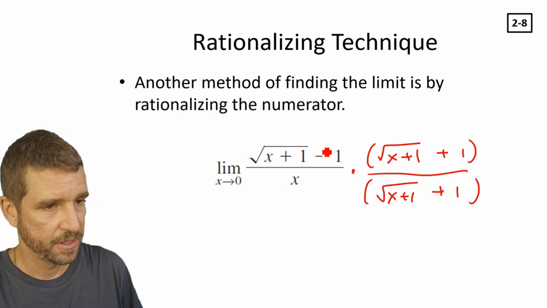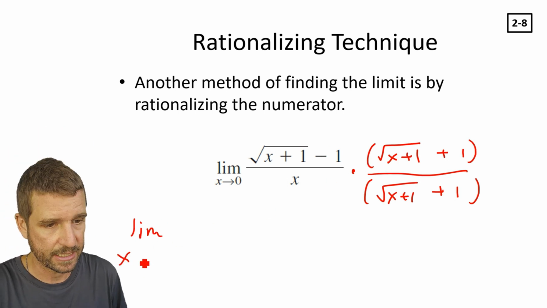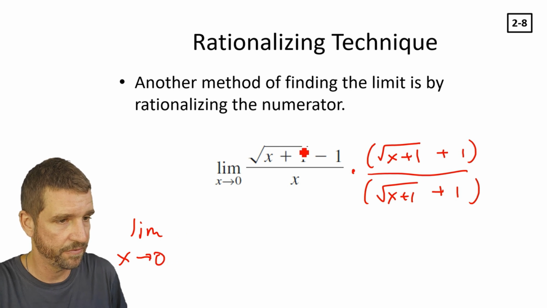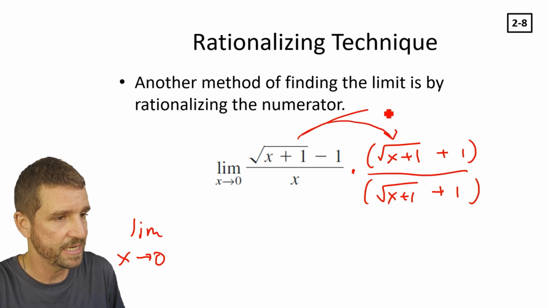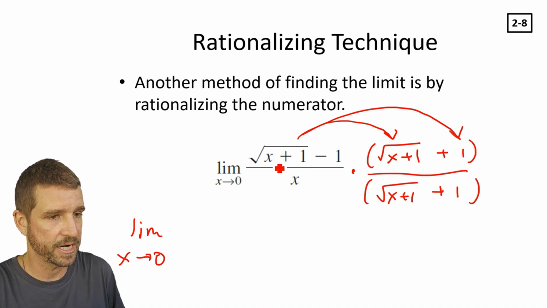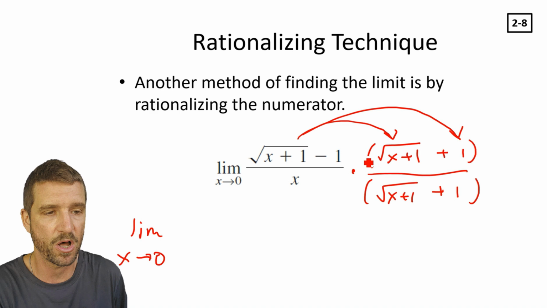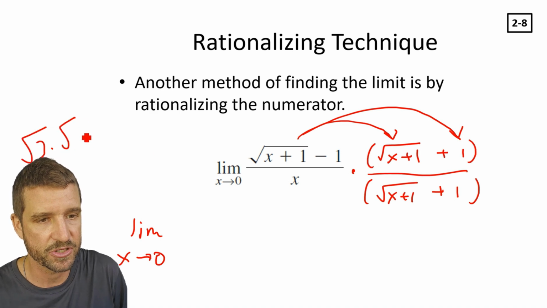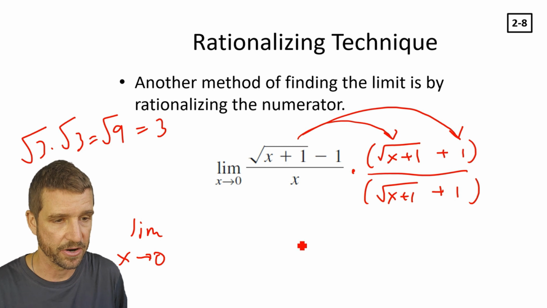So let's do it. When we multiply these out, we're going to get the limit as x approaches 0 of, all right, we have to multiply square root of x plus 1 by both of these. Square root of x plus 1 times square root of x plus 1 is just x plus 1, right? Just like square root of 3 times square root of 3 is square root of 9, which is just 3, okay?